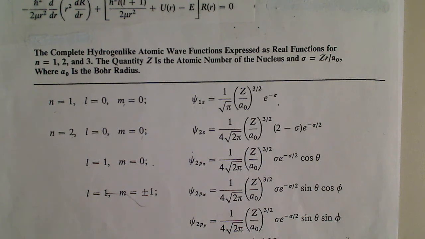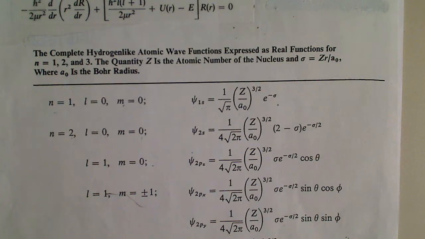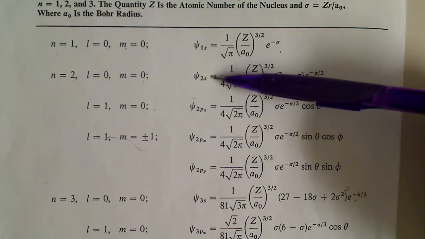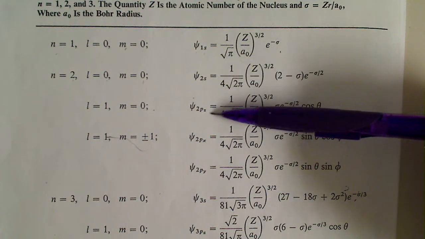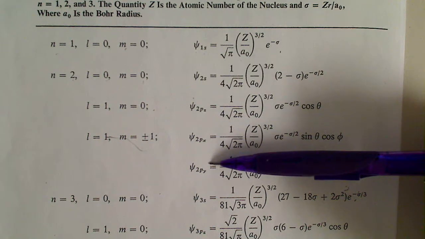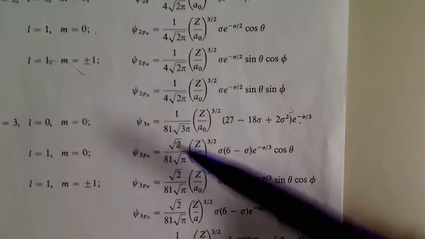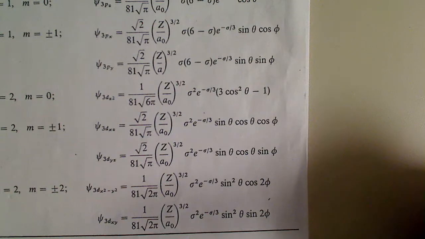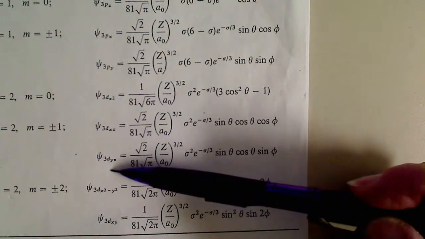The math predicted the strange quantum mechanical theory. If we go down, we might remember from an earlier class a 2s orbital, and then there are 3 2p orbitals, and so on. When n equals 3, we've got a 3s, 3 of the p orbitals, and then that's where we add 5 d orbitals.